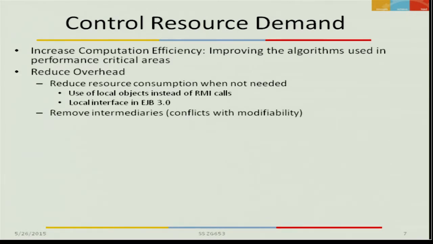One can reduce the overhead, where the resource consumption is reduced, when it is not required or not really necessary. By that what I mean is, when it is not necessary, one can basically take a different technique.